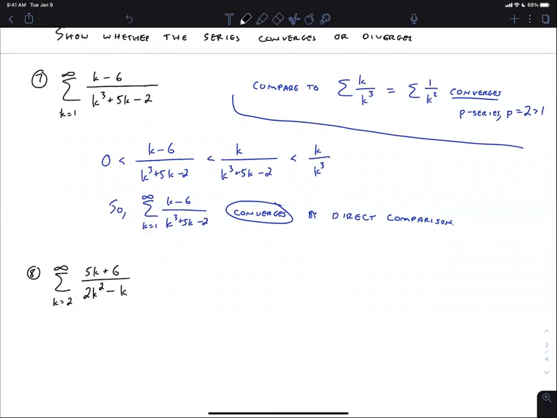Immediately we're going to go to, this is a series that has all positive terms. There's going to be some other stuff to maybe check later, but it has all positive terms, and it's all the same function type. So this is all k to a power. So our immediate thought should be, we're going to compare to the sum 5k over 2k squared, because those are the biggest things on the top and the bottom.